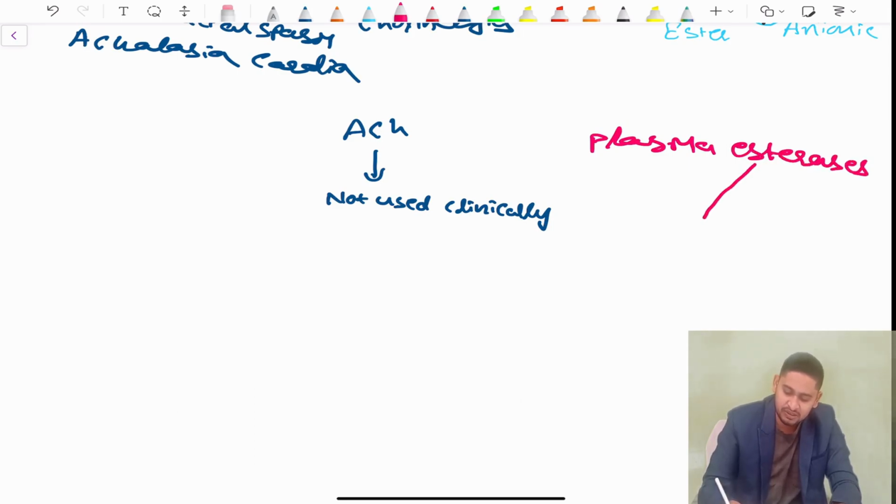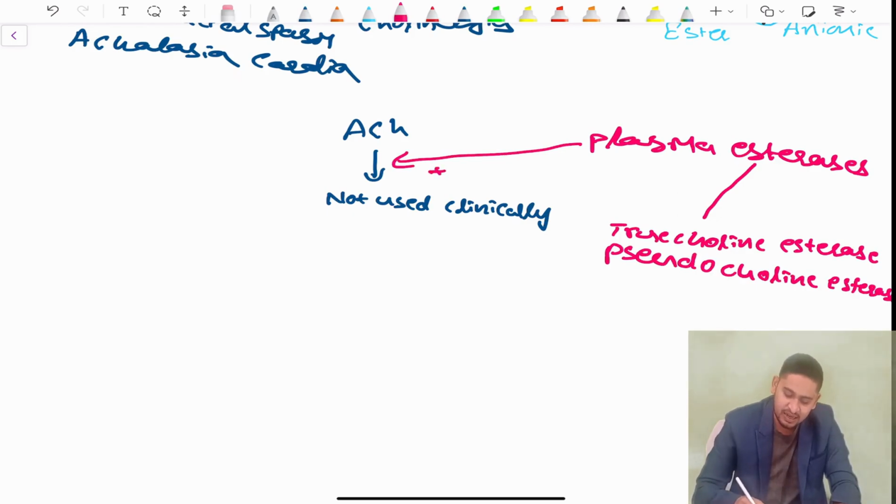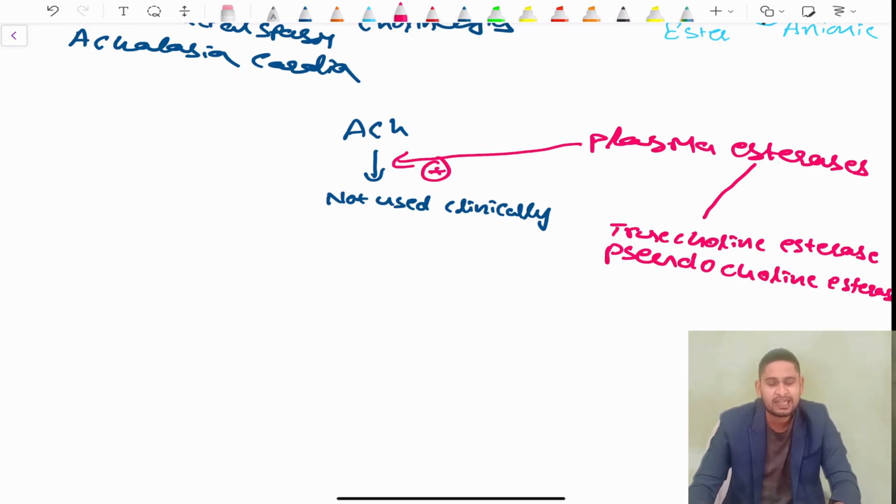These are the true cholinesterase and the pseudocholinesterase. These enzymes facilitate the metabolism of acetylcholine within fractions of seconds. Hence acetylcholine is not used clinically.